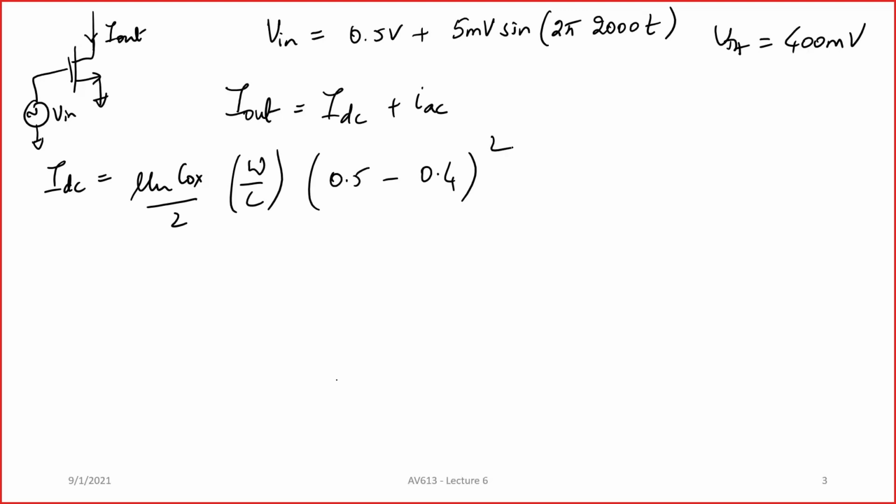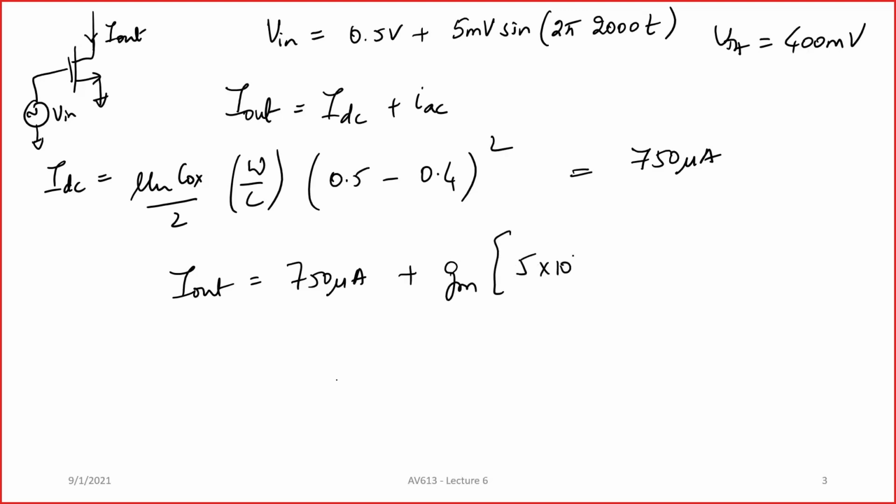Now this is your DC current, let's say in this example it is going to be some 750 microampere. Now this I out can be written as 750 microamperes plus GM times 5 into 10 power minus 3 into sine 2 pi 2000 t.